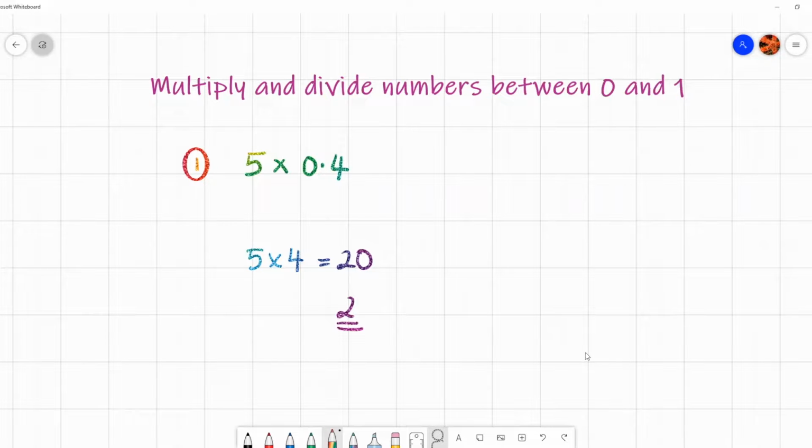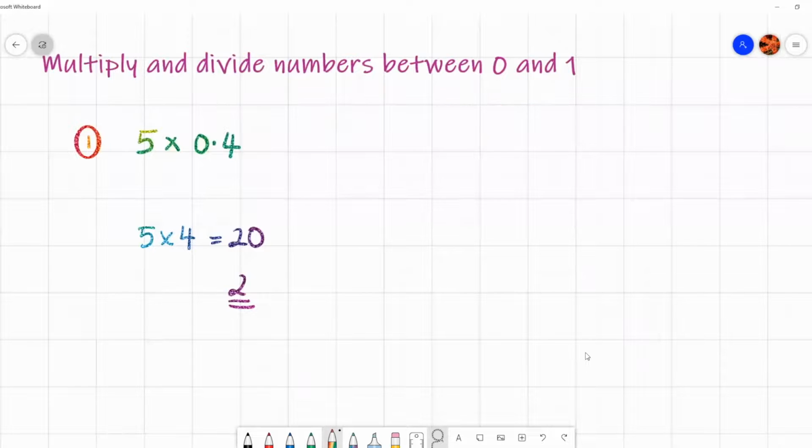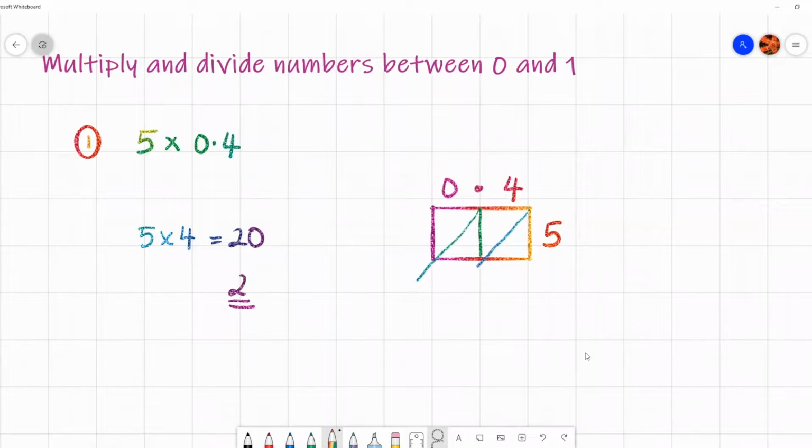However, you could probably also use the Chinese method in this situation. So 0.4 goes at the top, 5 down the side, draw yourself a box, split down between the 0 and the 4, a diagonal and a diagonal there, and all you do is you multiply.